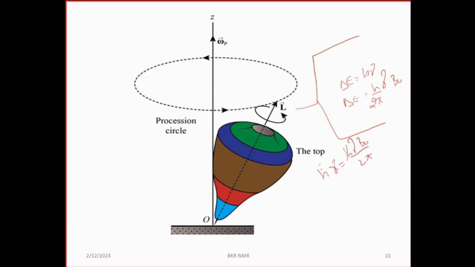The h will cancel, so your nu is equal to gamma B0 by 2 pi. This gamma B0 is known as omega 0. So the secondary radio frequency, the instrumental frequency, is equal to omega 0. Omega 0 is known as the precessional frequency.